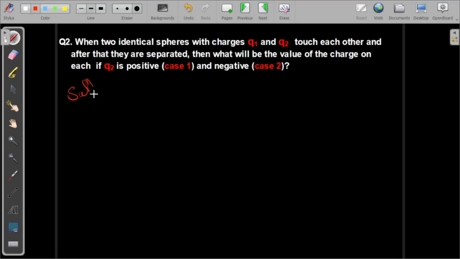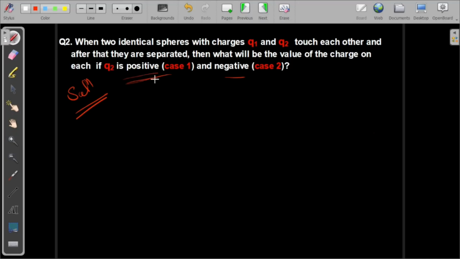Next, when two identical spheres with charges q1 and q2 touch each other and after that are separated, what will be the value of the charge on each if q2 is positive and negative? That means two cases are given in the question.